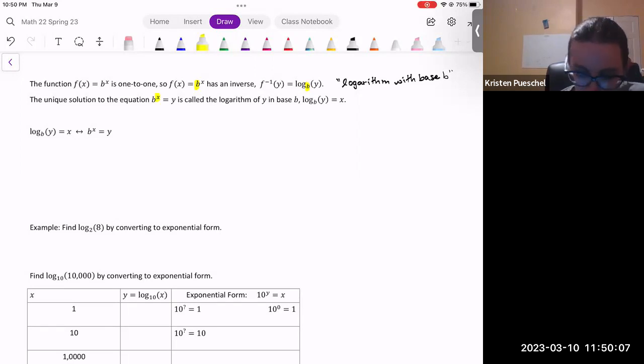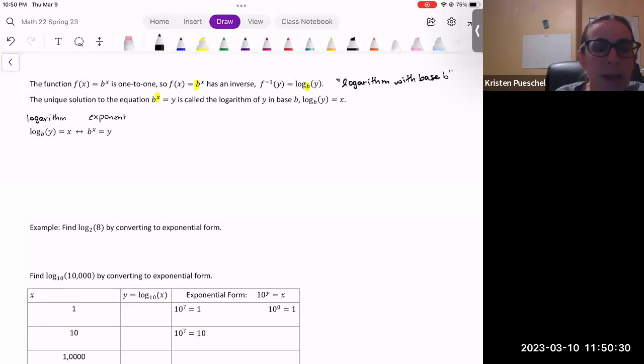So we have that the log base b of y equals x exactly when b to the x equals y, and we can translate between these two formats. This is the logarithm form, and this is the exponent form.